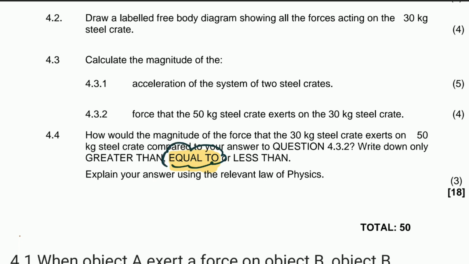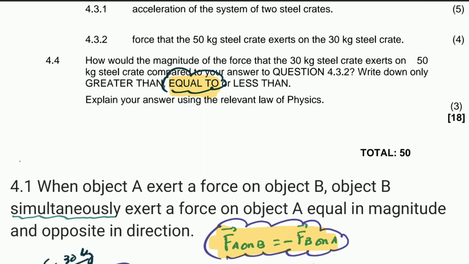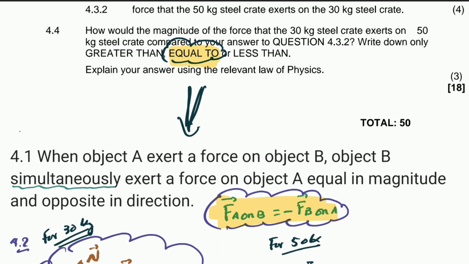Newton's third law. Explain your answer using a relevant law of physics, and the relevant law of physics is right here. The force that the 50 kilogram crate exerts on the 30 is the same as the other one, but in the opposite direction. So I'm not going to write that one because the answer is right there. It is Newton's third law.